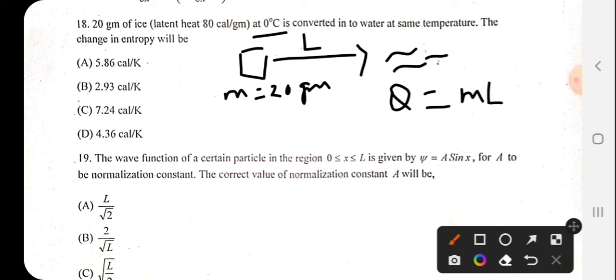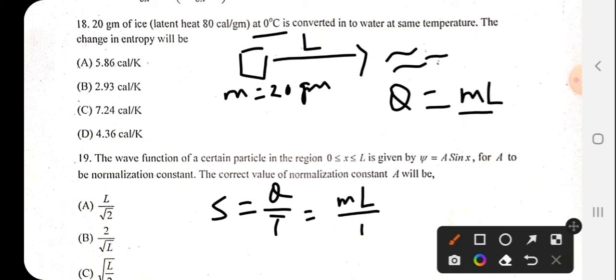What is the amount of heat? Q equals ml, so the ice gains that quantity of heat. What is the formula of entropy? Change in entropy equals Q upon the temperature T, that is ml divided by T. Put the values here: m is 20, multiplied by latent heat 80, divided by the temperature 0 degree Celsius, that means 273 Kelvin.